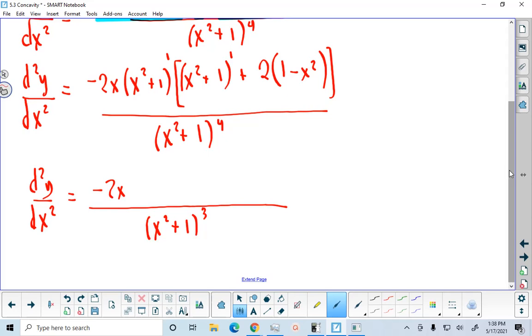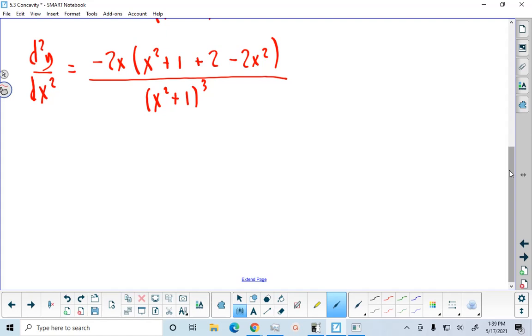And then I would probably want to do this next part in one step, but after saying take your time and be careful, we want to be very careful. So all I'm doing is multiplying that 2 through, and what I end up with is the second derivative equals negative 2x times 3 minus x squared.